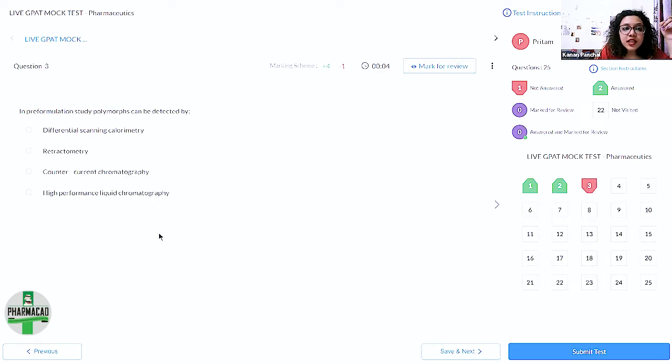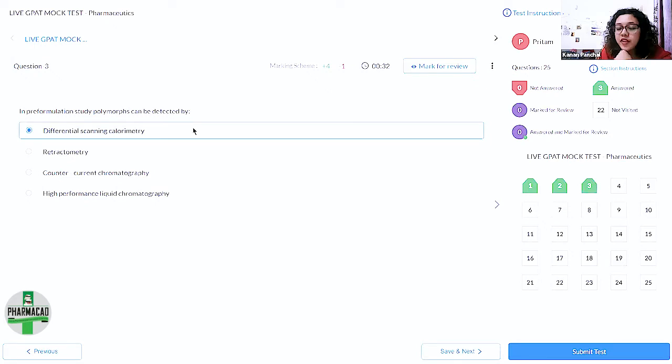In pre-formulation study, polymorphs can be detected by... Option A. DSC. Very good. So how does DSC work for polymorphs? Refractometry, countercurrent chromatography and HPLC are used for separation and identification of a compound.